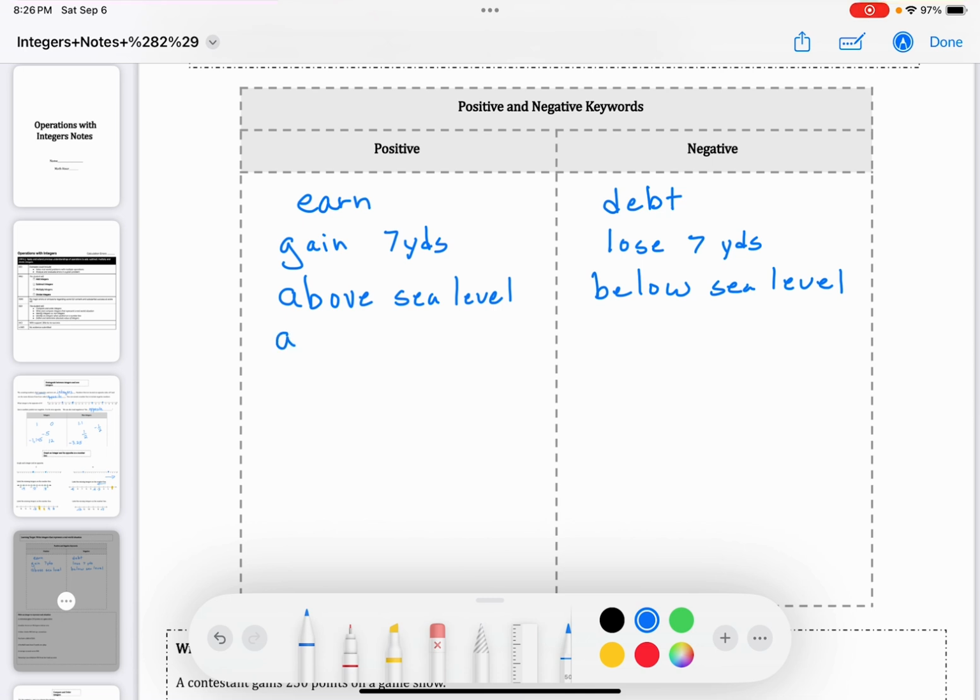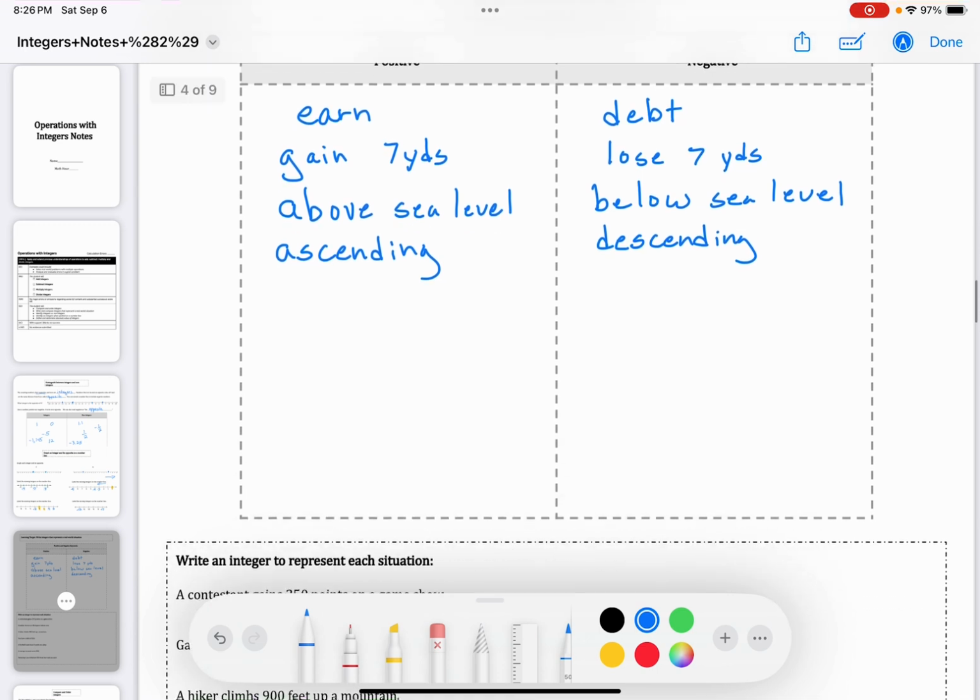So we might see the words ascend or ascending or descending. Let's see, what are some other words that might mean positive? Gain, earn, above sea level.